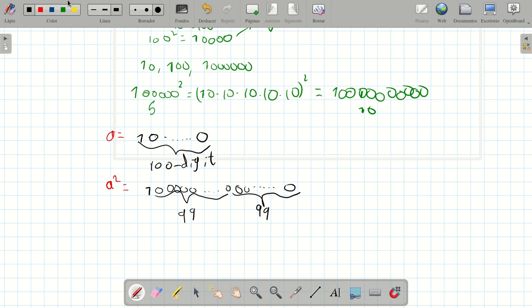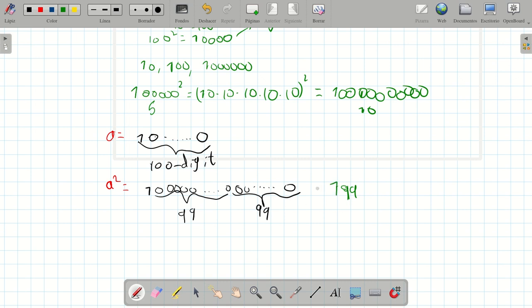Now, how many digits does this number have? It is 199, here 99 plus another 99 zeros, plus the leading 1, so this is 100 and 100.